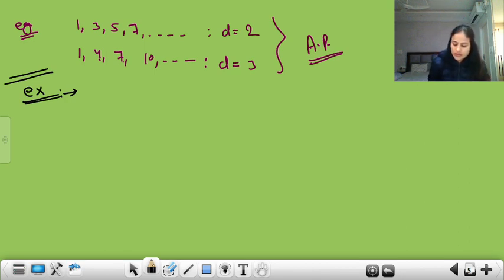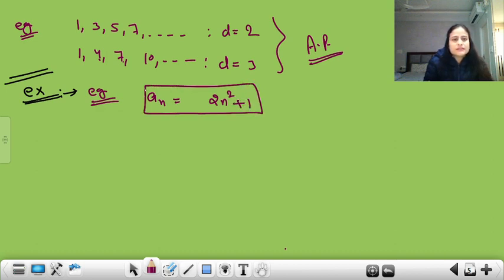Let me take an example first. Suppose a sequence is given whose nth term is 2n square plus 1. I want to check whether the sequence defined by this nth term represents an arithmetic progression or not.